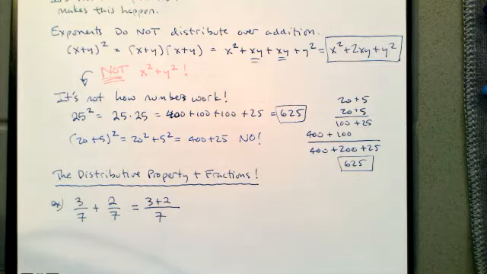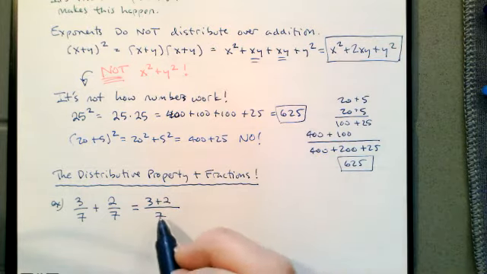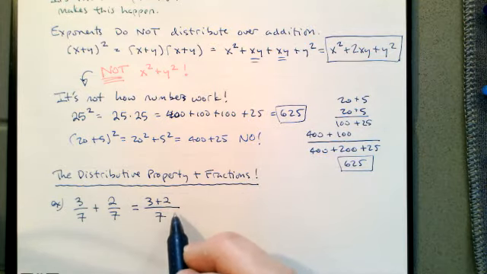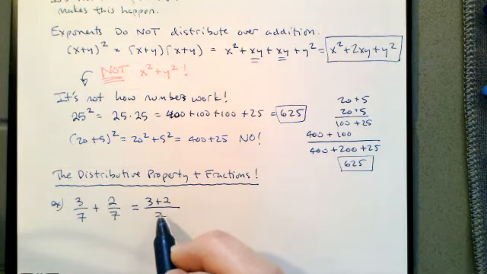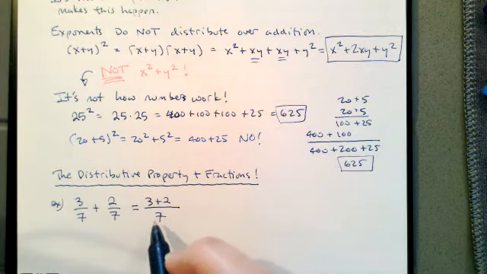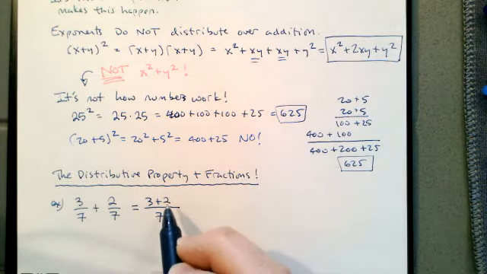Here, we add things that are the same, and when we add them, it doesn't change what they are. The way we can think of this is that 3/7 plus 2/7 is 3 plus 2 all over 7. So if we think of this in reverse, we could think of distributing a 1/7 to the 3 and the 2.